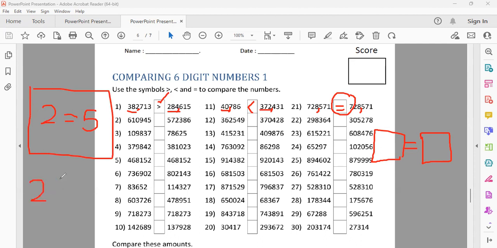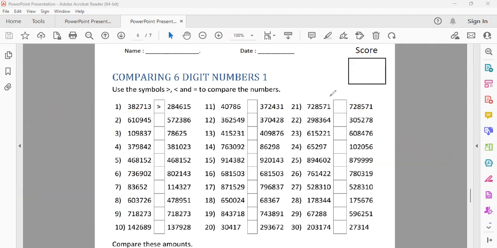But if I wrote 2 plus 3 equals 5, then it's correct. Whatever is on the left is the same as what's on the right. And if it's not the same, then one has to be bigger and one has to be smaller. So we use these symbols. Okay, so there are 3 symbols here.